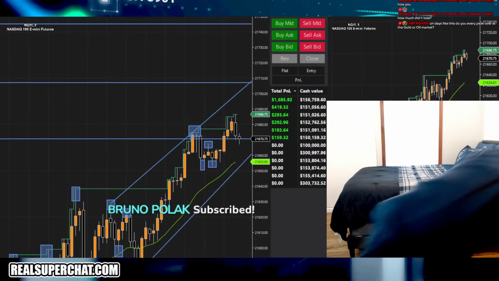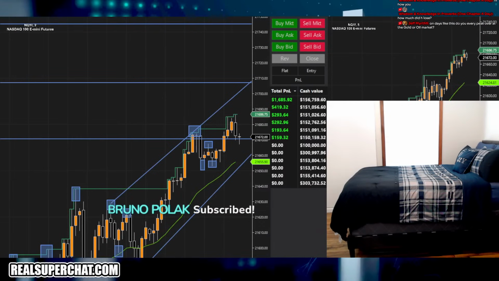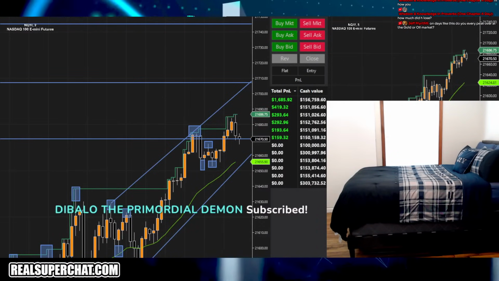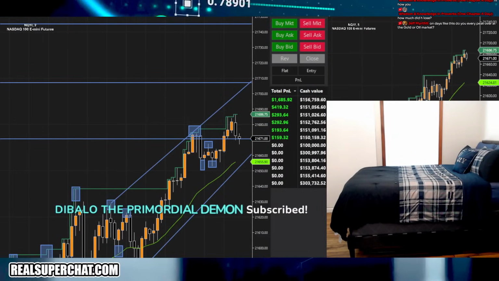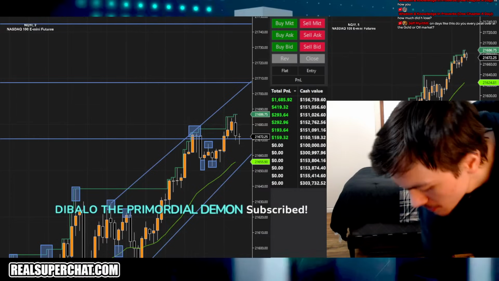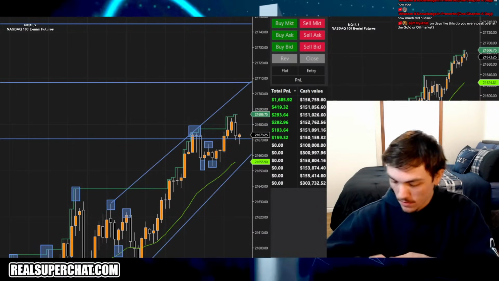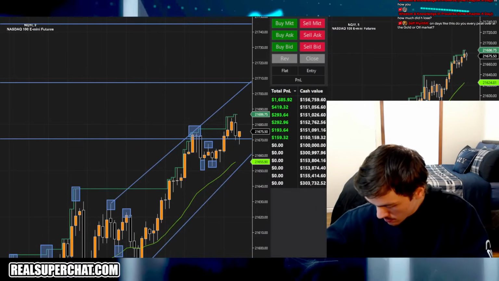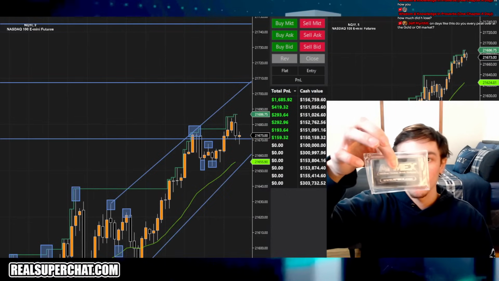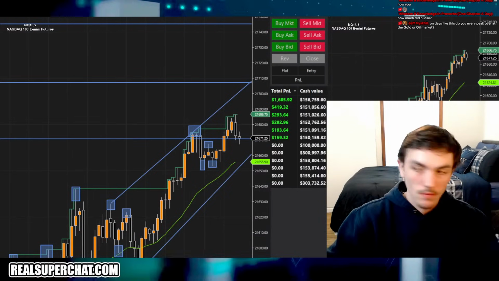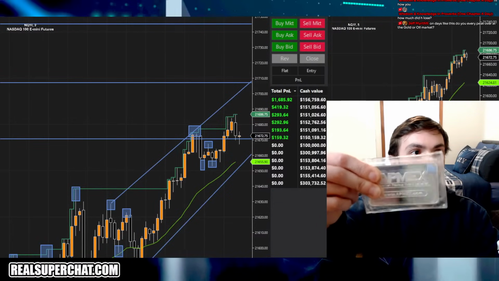One sec. There's something about holding silver. A 10-ounce bar of silver from BITUNIX.